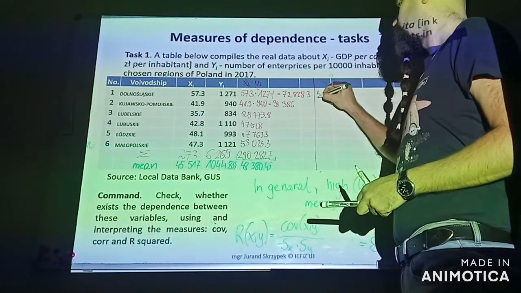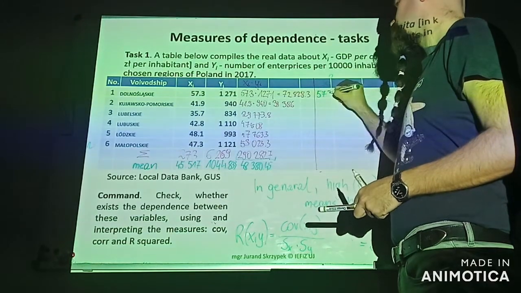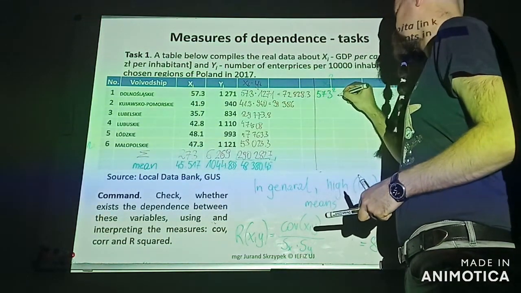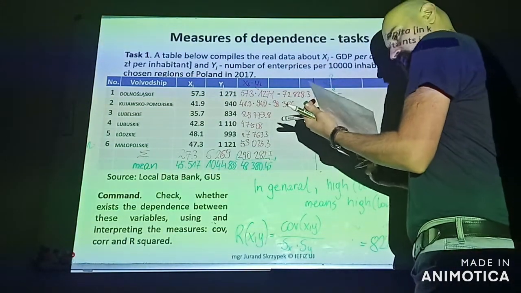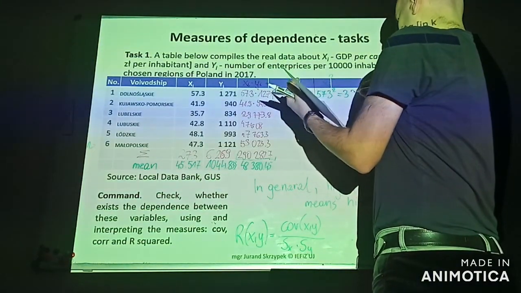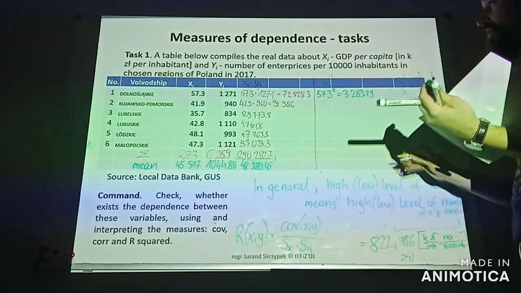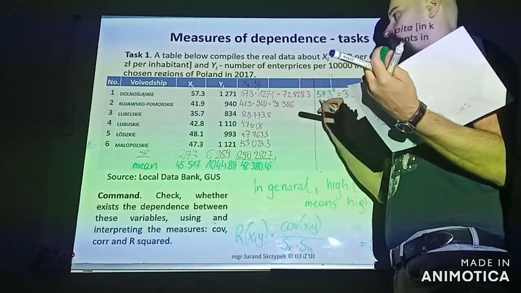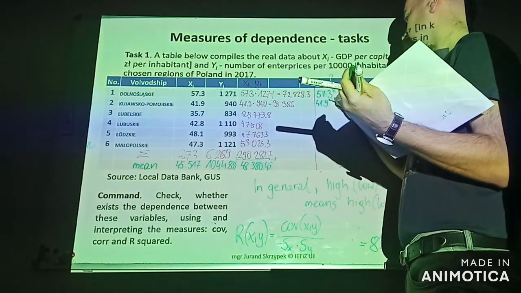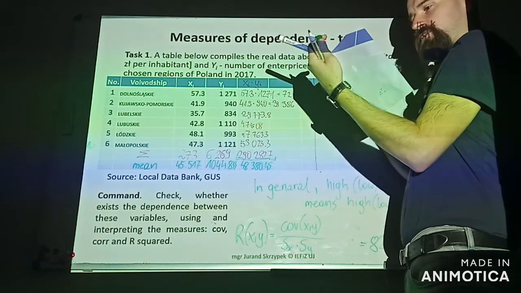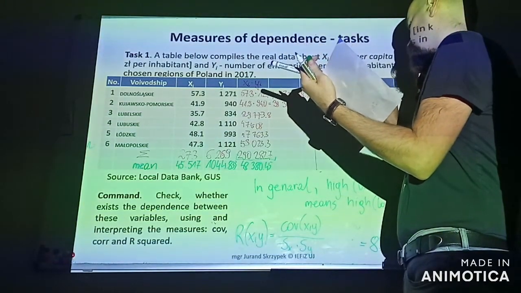So here I raise the value 57.3 to the power of 2. Yeah. And the result is 3,283.29. Yeah. And in the next row, 41.9 is squared, and we receive 1,755.61.